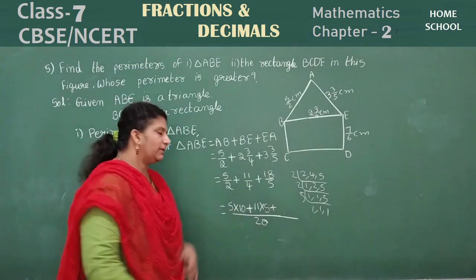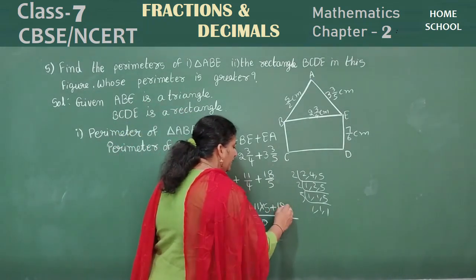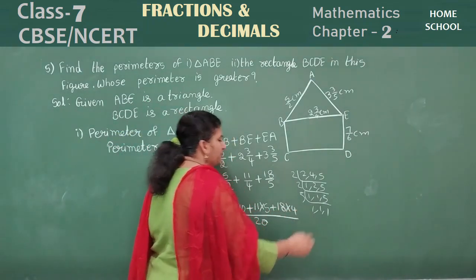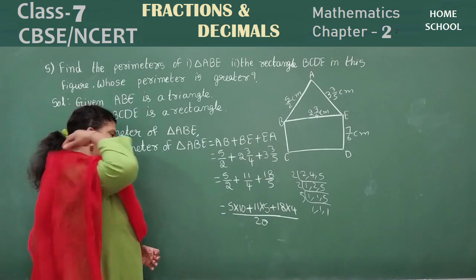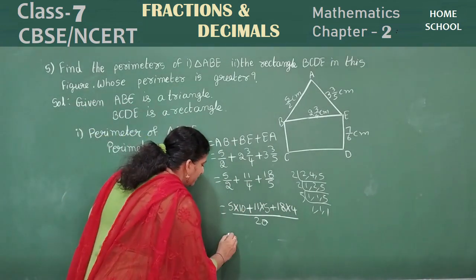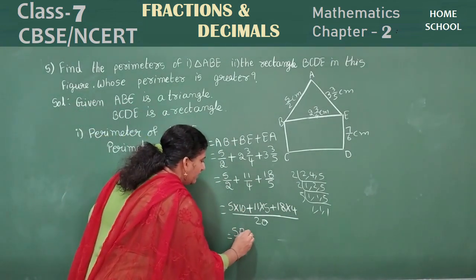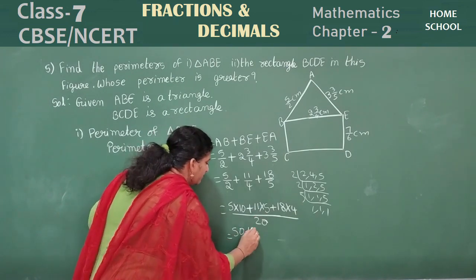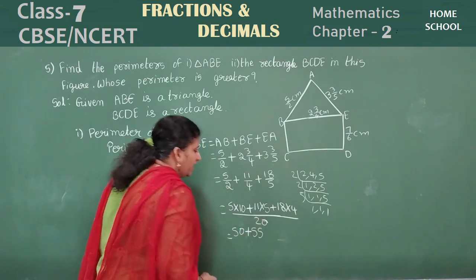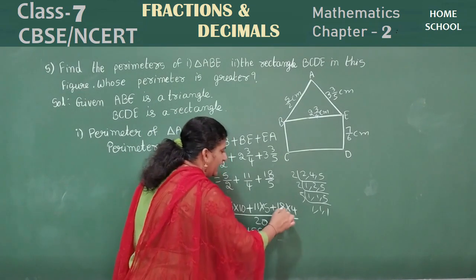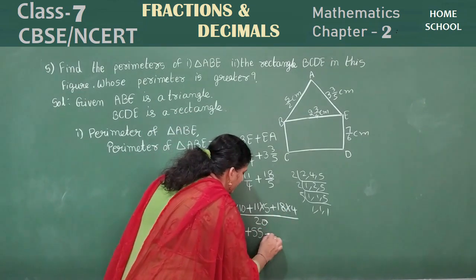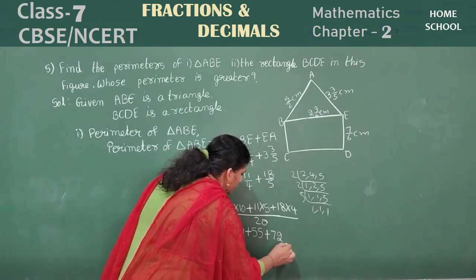That 4 multiplies the numerator, 18 into 4. So now multiply this. 5 10s are 50, 11 5s are 55, then 18 4s are 72.